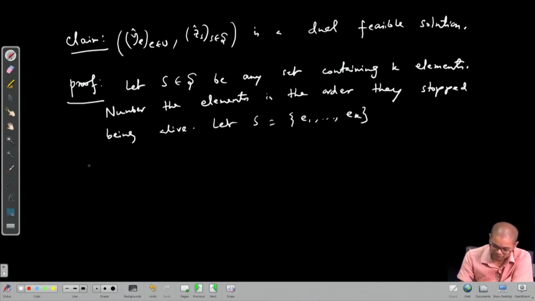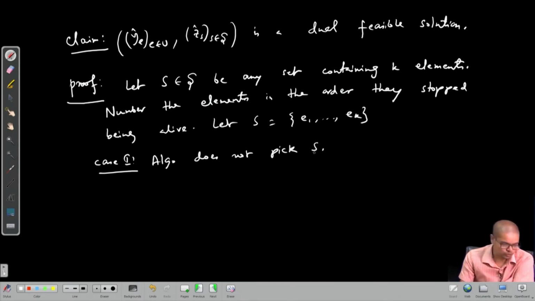Now, two cases. First, case 1, the algorithm does not pick S. Then z_S is 0.